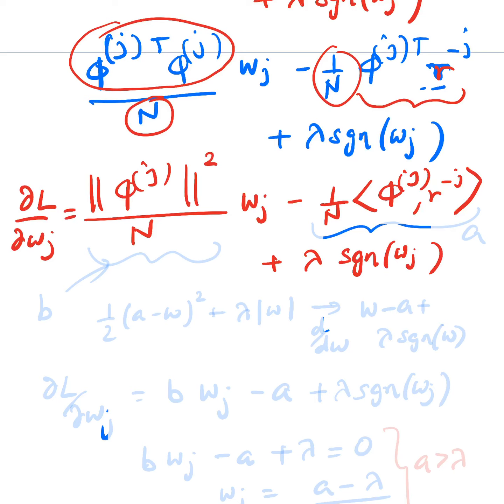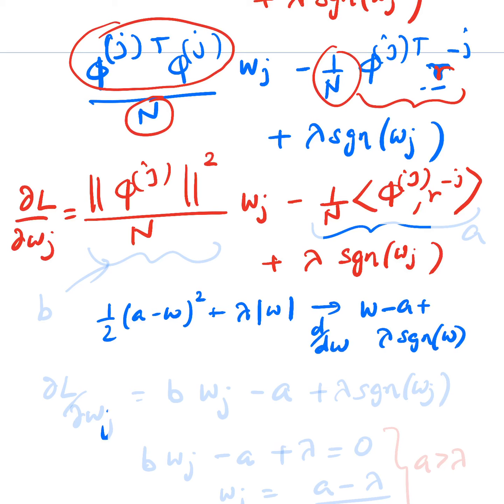It's almost the same as what we had before, except it's just a little bit different. Let me write down what this looks like. Remember when we had this other function, which was half a minus w squared plus lambda magnitude w, that gave me w minus a plus lambda sign w as my derivative.